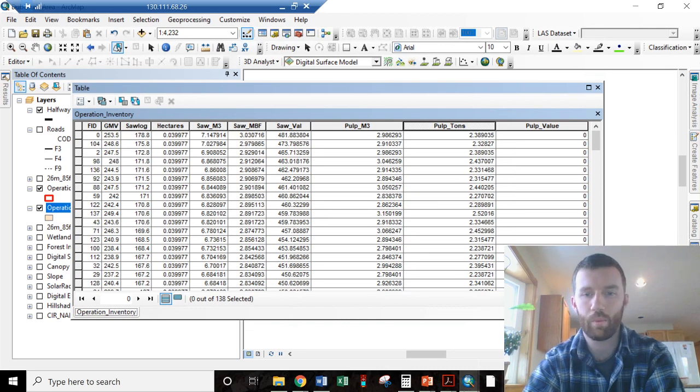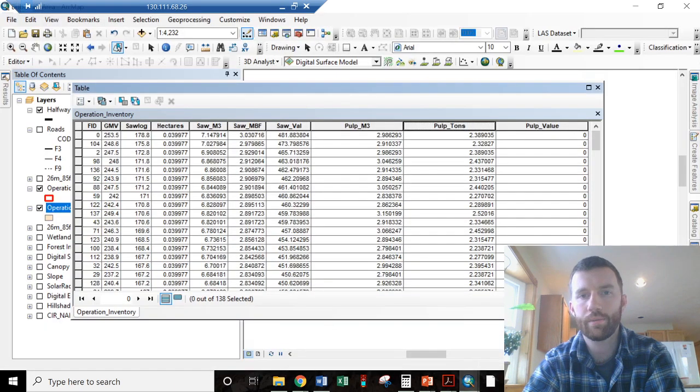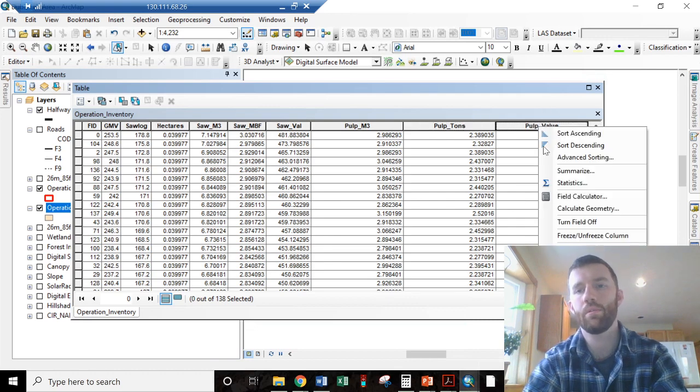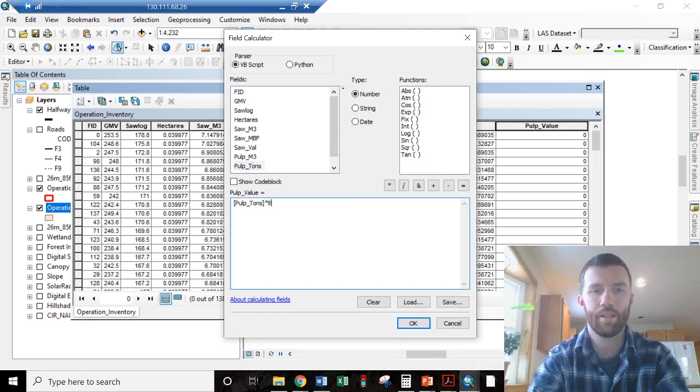And tons is something we can work with using our stumpage price report. And we're going to go for the mixed hardwood price, which is a whole whopping $8 a ton. So back to here, pulp value, right click, field calculator. And that is going to be pulp tons times 8.